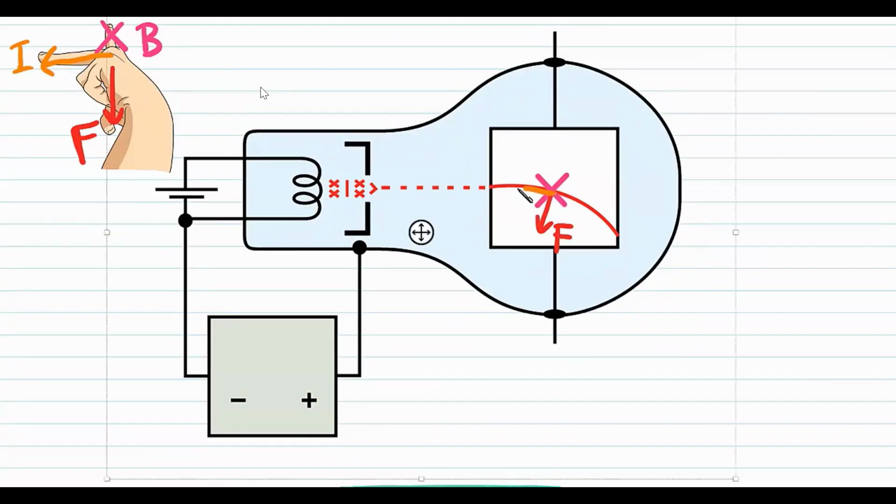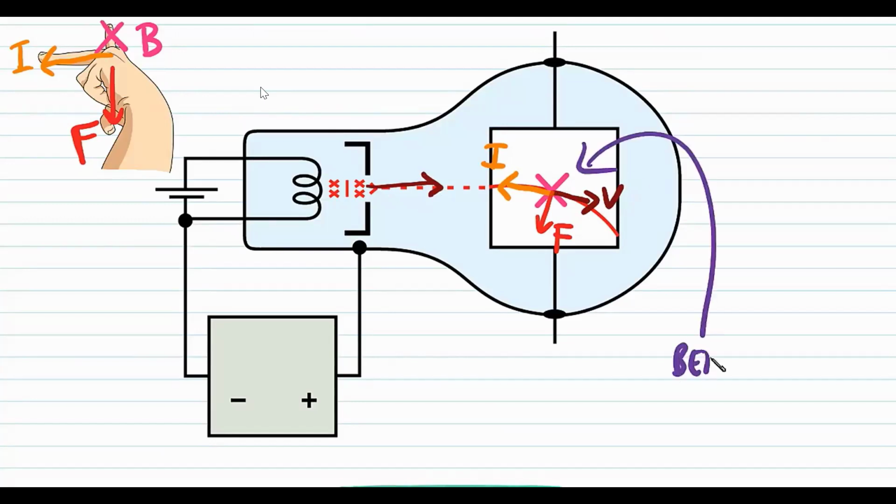And using our left-hand rule, we see that conventional current would be pointing in this direction, which remember is the flow of positively charged particles. However, we see that the direction of motion is opposite to this, because the anode is firing electrons in this direction. And this means that our beam of particles must be negative.